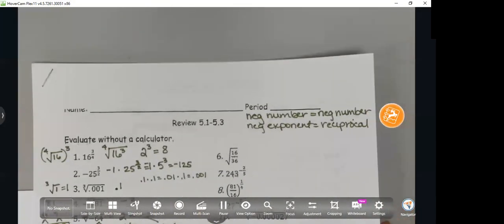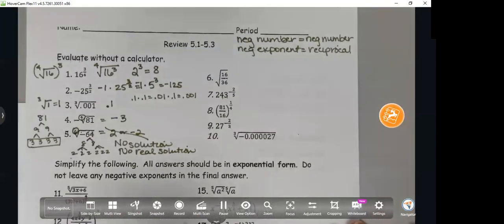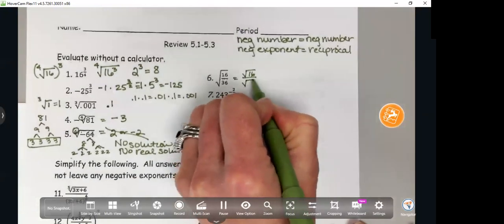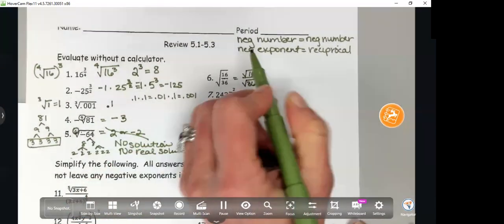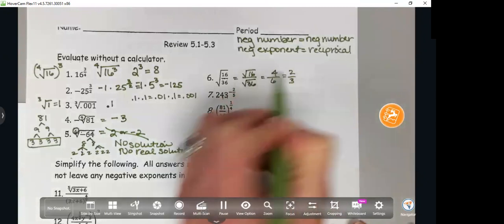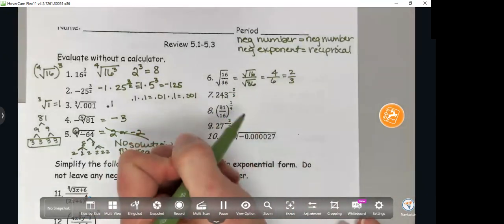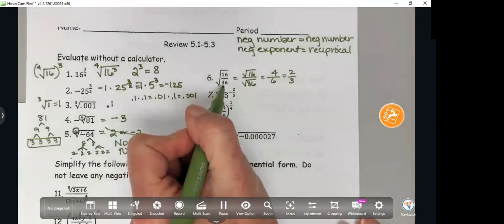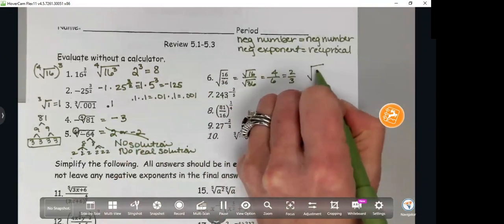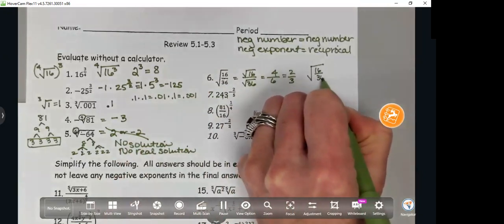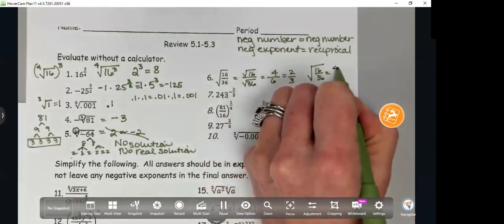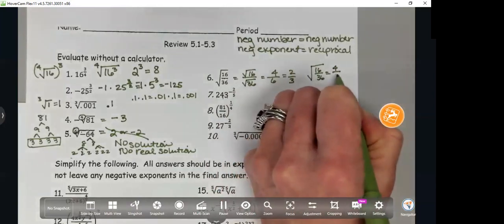So now we're moving on to here. Now this we know we can rewrite as the square root of 16 over the square root of 36. So if we take the square root of both of those numbers, we're going to get 4 over 6, which is 2 over 3. Another way to do that is you could reduce this first. 16 and 36 can be broken down. 4 goes into 16 4 times. 4 goes into 36 9 times.